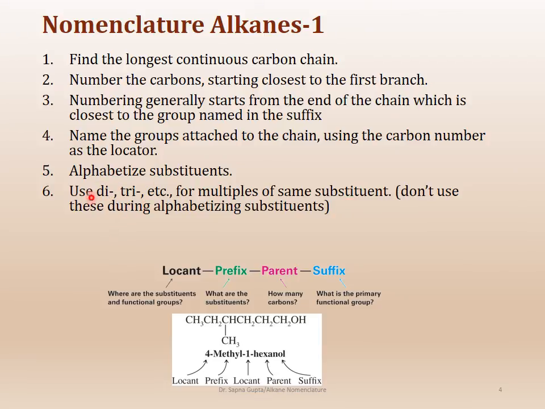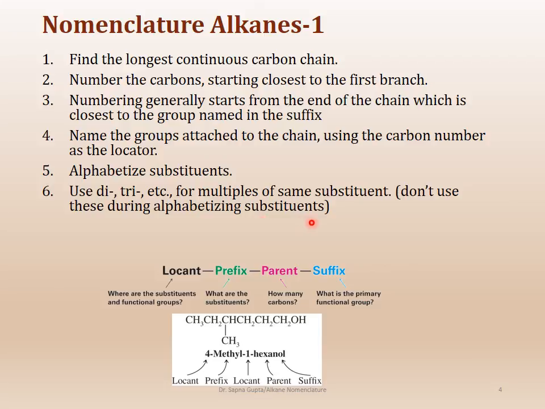The di, tri, these things are not used for alphabetizing purposes. This is used only to tell you how many you have. So for example, if you had 2 methyl groups, it would become dimethyl, and that D is still going to come after C. Well, I guess that's not a good example, but if you had fluoro, then it will still come after F, because technically the group is methyl and not dimethyl.